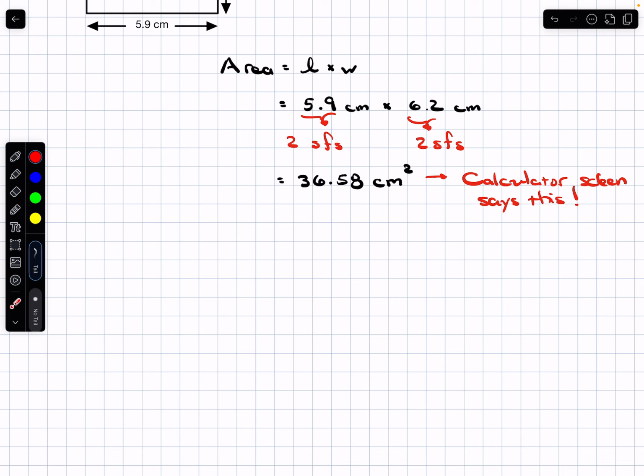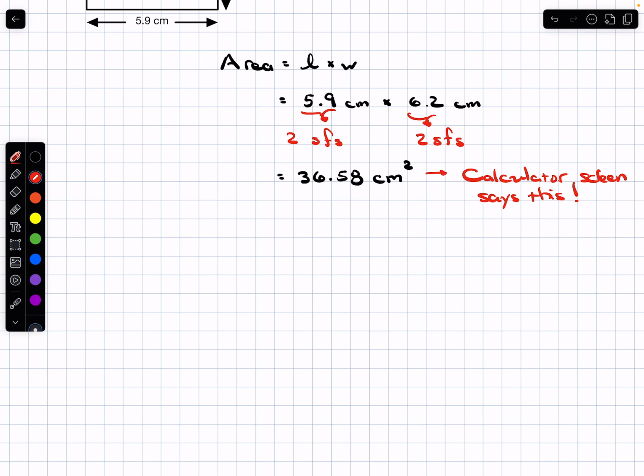So how do we figure that out? Well, when you're working with sig figs, the rule of thumb is you keep your sig figs going left to right. So here, you can see that we've got 1, 2, 3, 4 digits.